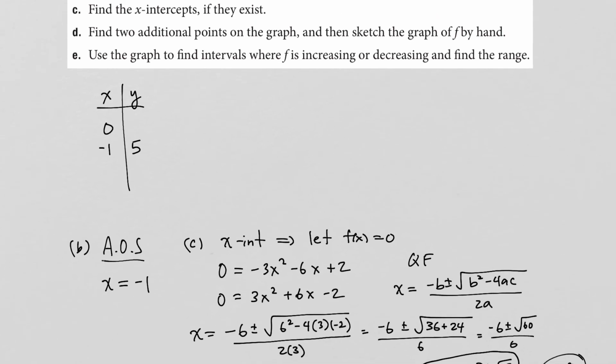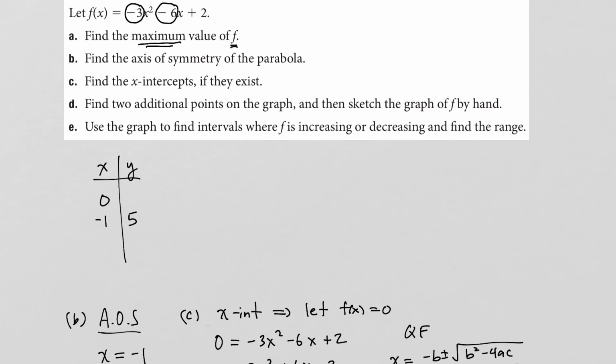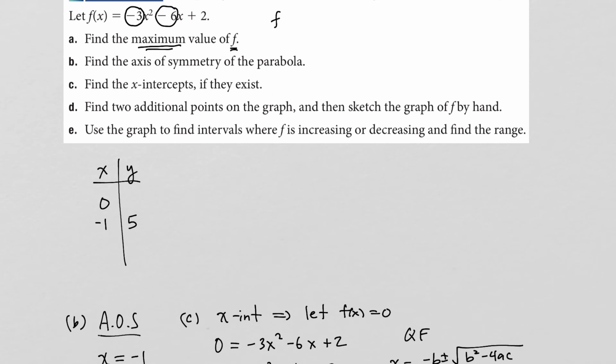That's an easy one to plug in. If you plug in 0 to your original function, f of 0 is going to be 2. And then maybe I'll just plug in x equals positive 1. If x equals positive 1, f of 1 is going to be negative 3 times 1 squared minus 6 times 1 plus 2. This is negative 7.